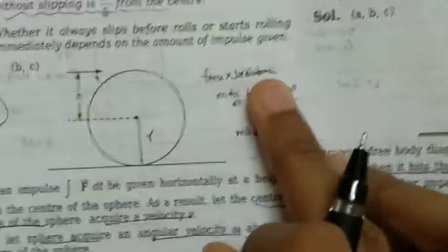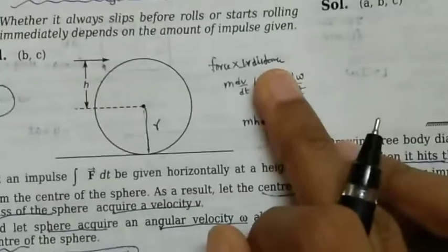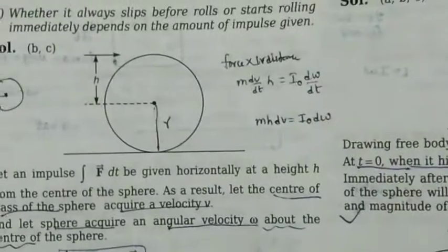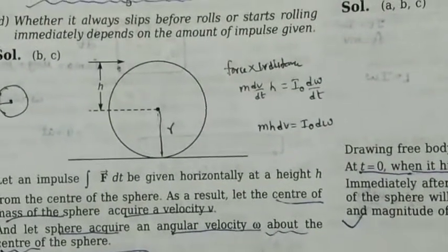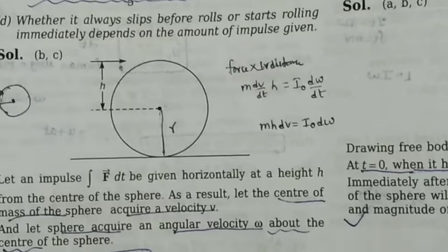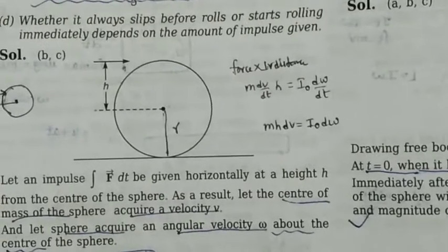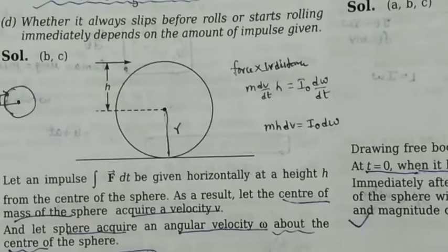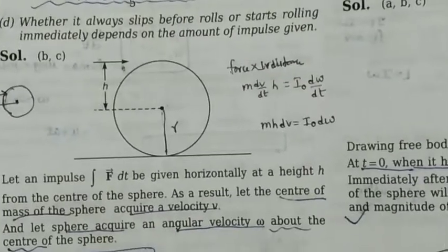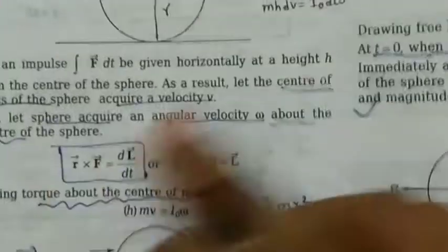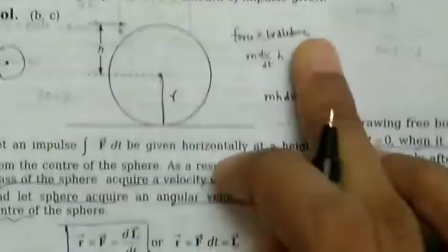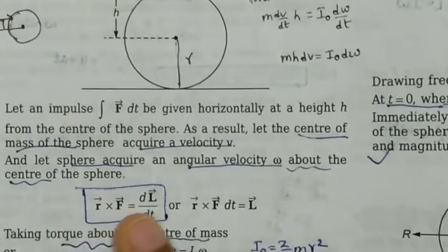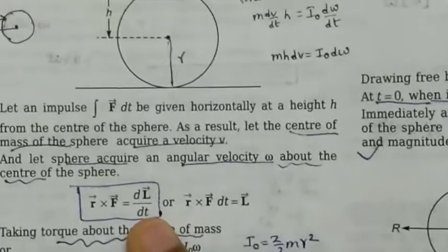So r cross f, r f sin theta, when theta is 90 degrees. That is the perpendicularity condition, where r is the position vector and f is the applied force. If the angle between both of them is 90 degrees, then we have r f sin 90, that is force into perpendicular distance. So from that we have r cross f, torque tau equals dL by dt, just as we have f equals dp by dt.